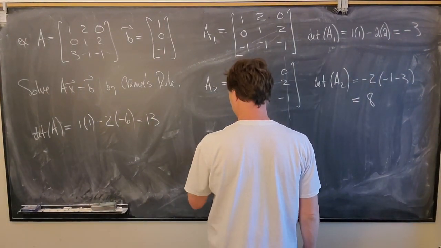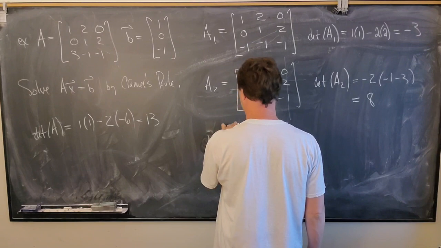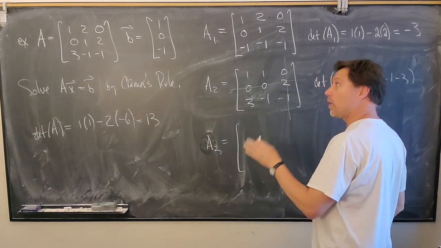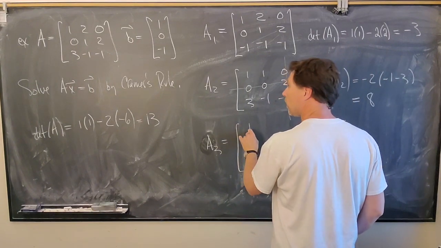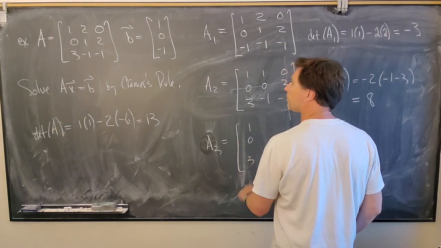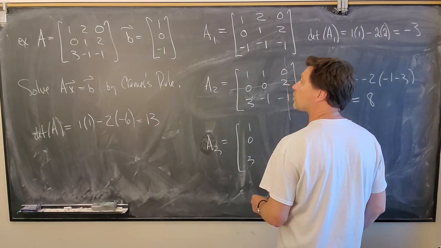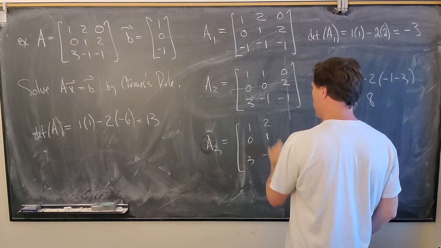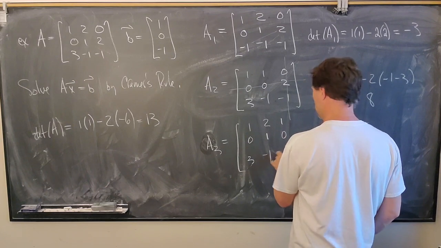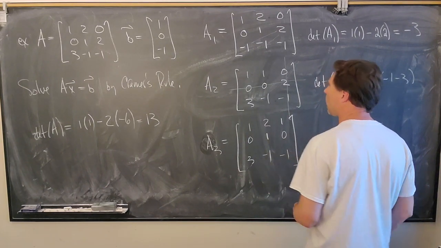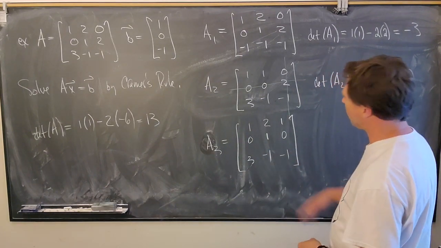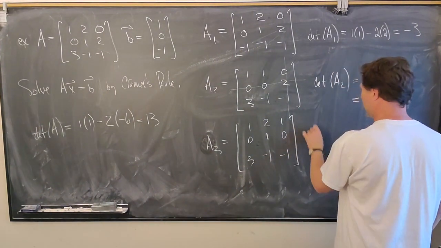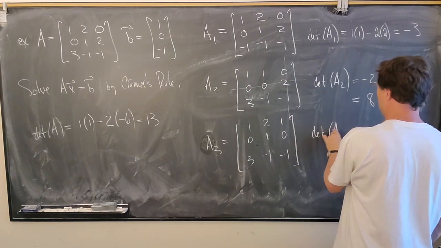And then we've got one more. So A3, that's the matrix that we get by deleting the third column and replacing it with B. So that will be a 1, 0, 3, 2, 1, minus 1, 1, 0, minus 1. Once again, I'm noticing here I've got 2 zeros in this row, so I'm going to once again expand about the second row.